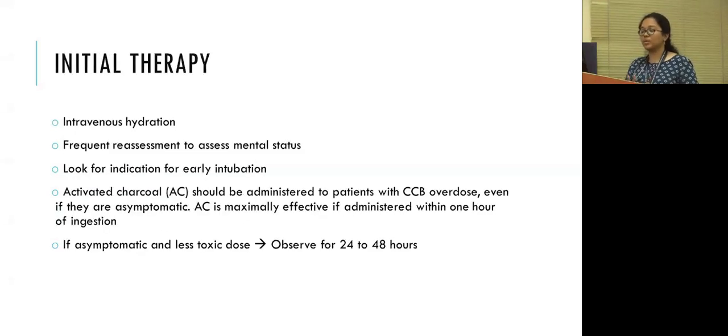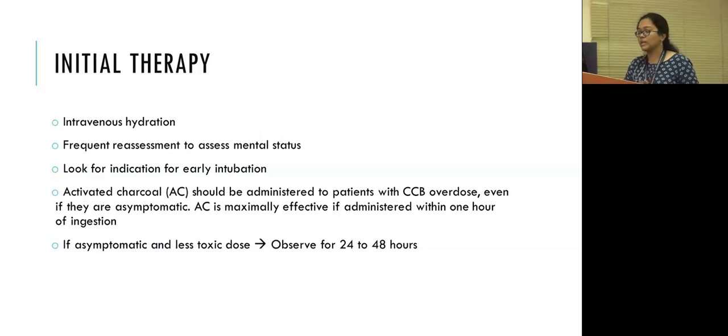For the initial therapy of amlodipine overdose, the mainstay is hydration. We need to frequently reassess the mental status, because though they initially have hypotension and shock, their mental status is fairly preserved throughout most of the initial period until the point when cerebral perfusion drops and they rapidly deteriorate. Hence we also need to look for features suggesting a need for early intubation.